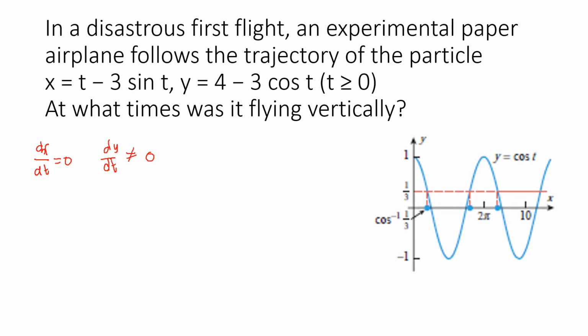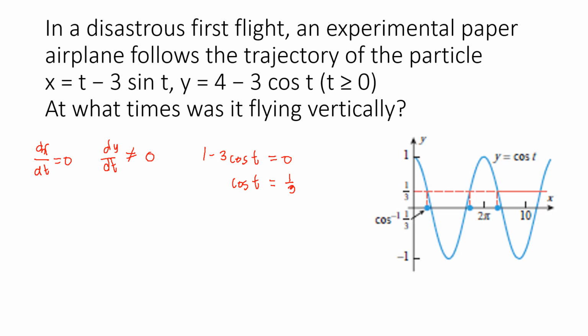Setting dx over dt equals 0 yields the equation 1 minus 3 cosine t equals 0, or simply cosine t is equal to 1/3. This equation has three solutions in the time interval t greater than or equal to 0 but less than or equal to 10.